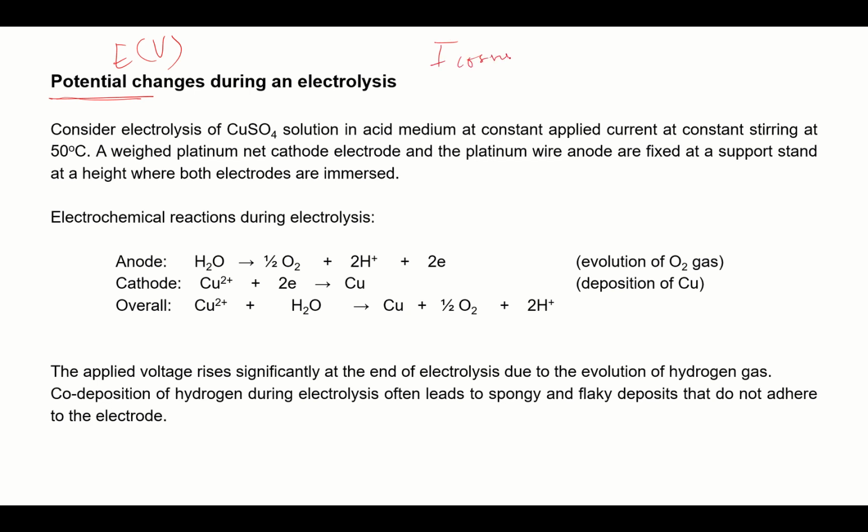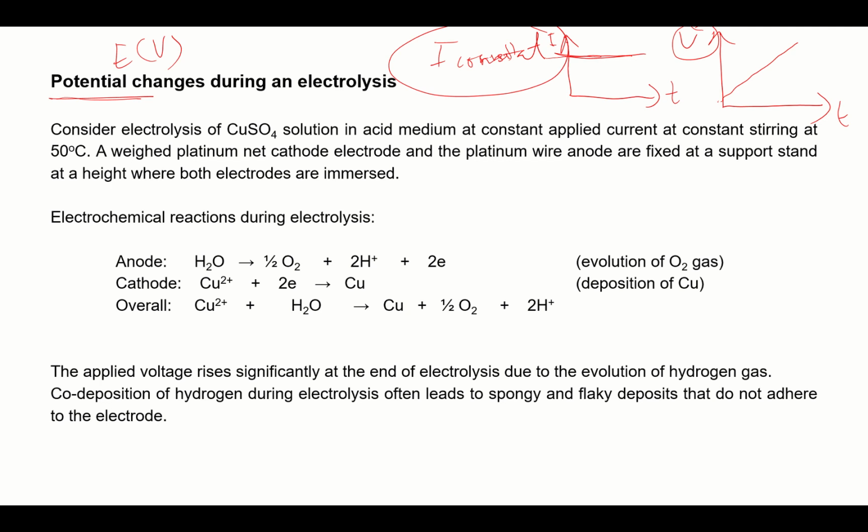You are applying constant current, so if you plot I versus time, you will get a straight line, constant current with time. But if you look at what happened to voltage, when you use constant current, it will change. V is not constant for I constant.